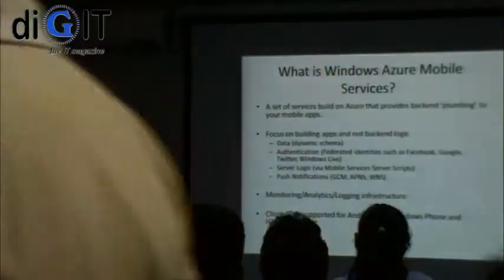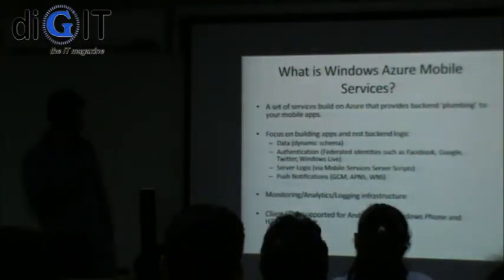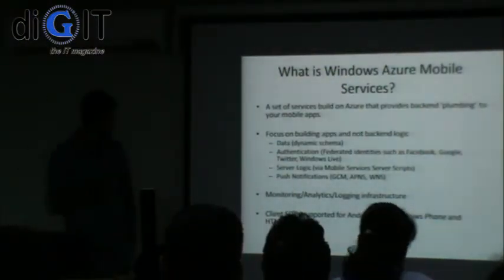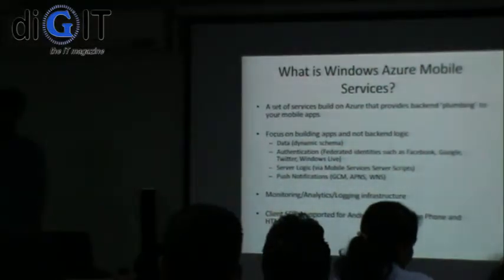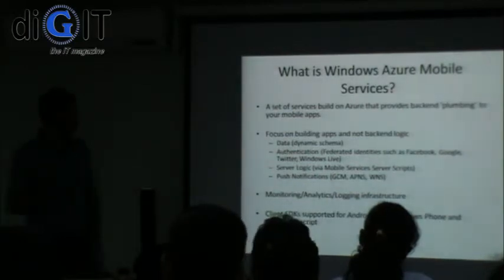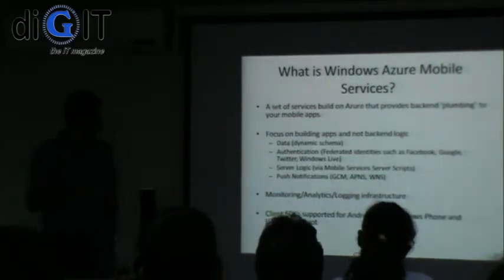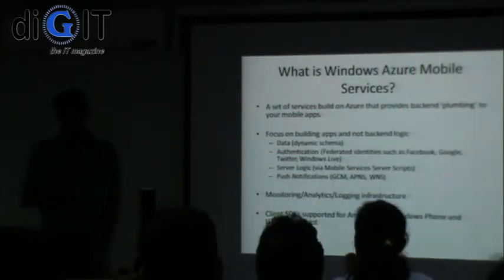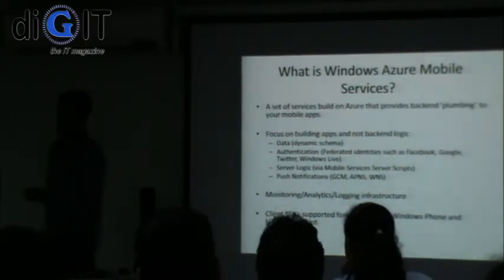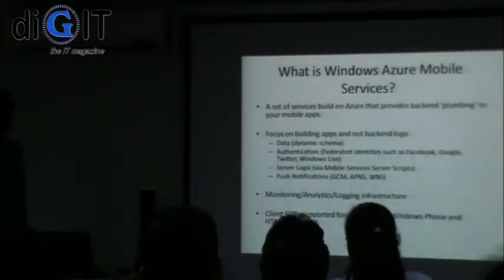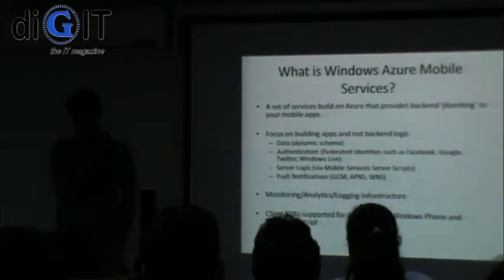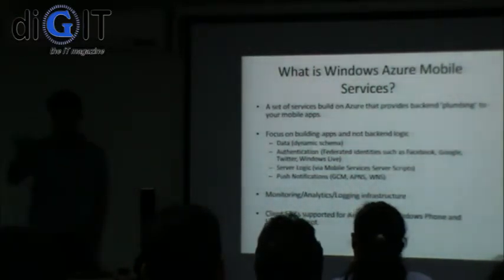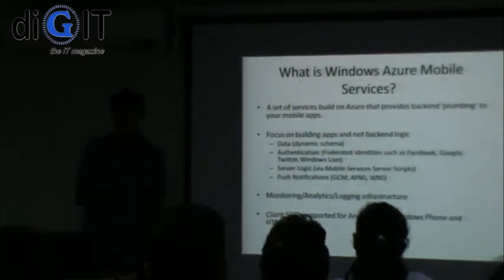The service itself lets you focus on building backend logic. You have data: you need to persist data of some sort from your app to your server, and we give you a dynamic schema, a NoSQL database. Authentication: most often you're going to have social logins or federated logins like Facebook, Google, Twitter, Windows Live. This service gives you a nice little API that you can integrate with a few lines of code, literally a few lines, as you will see.